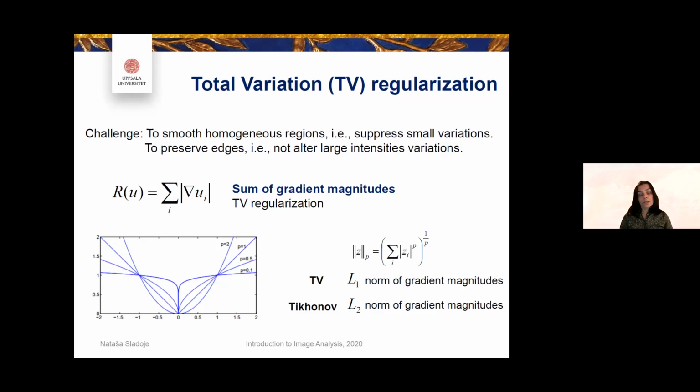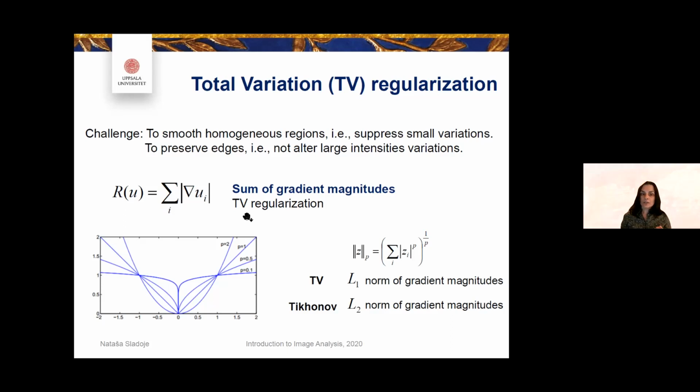And it happens that the change of regularization is, at least from a higher level view, quite simple. Let's just not square the gradient magnitudes. So instead of looking at the sum of squared gradient magnitudes, let's just take a sum of the gradient magnitudes in the image.